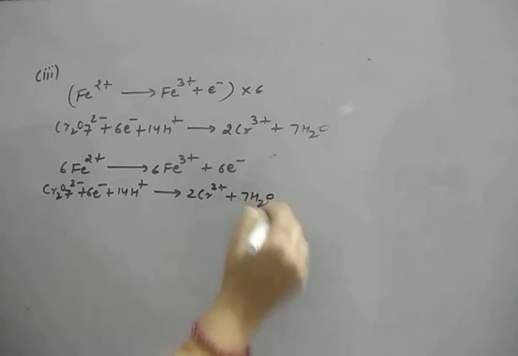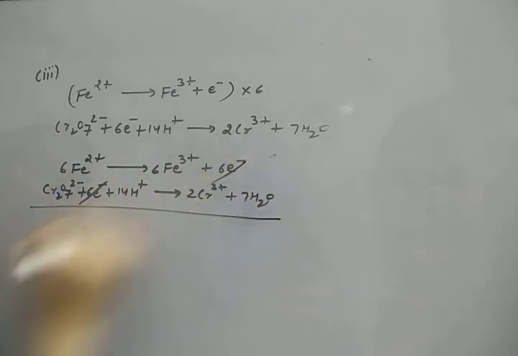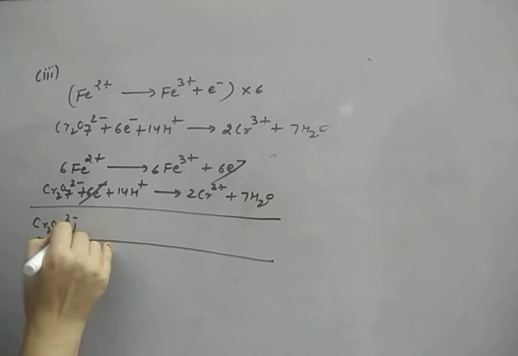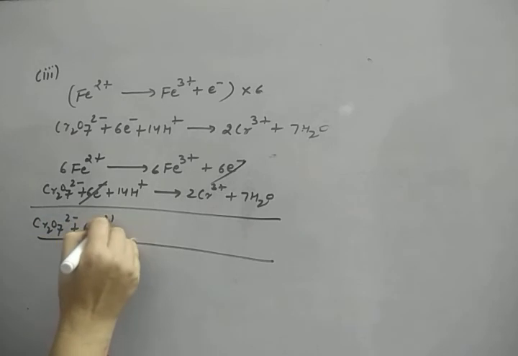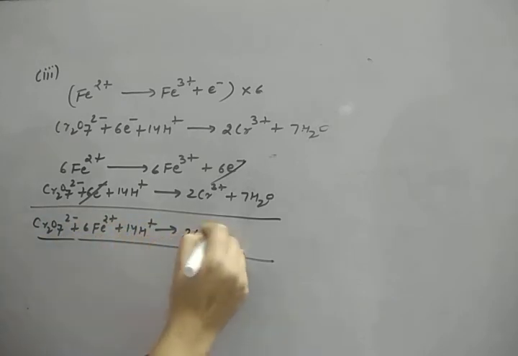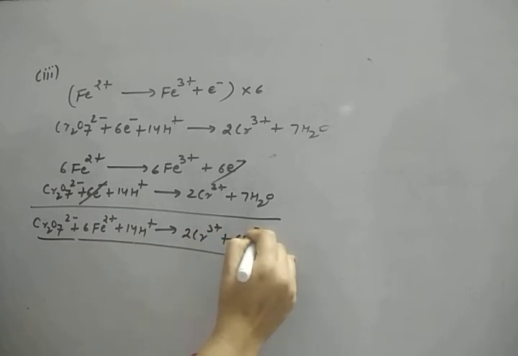Now electrons and electrons will be cancelled. And what is my final equation now? Cr2O7 2- plus 6 Fe2+ plus 14H+ gives 2Cr3+ plus 6 Fe3+ plus 7H2O. Okay, so this is my final balanced equation.